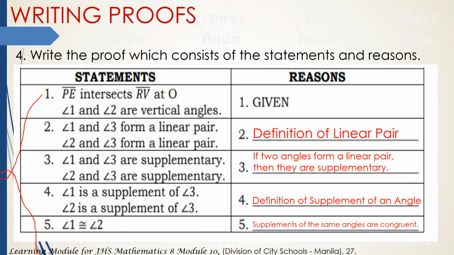Of course, we can reason out that supplements of the same angles are congruent. So, in giving reasons, so pwede tayong kumuha ng definition, pwedeng postulate theorems, pwede rin namang properties. Tapos kapag wala tayong makita sa mga yon, so pwede tayong mag-construct ng ating sentence, which is a true statement naman.